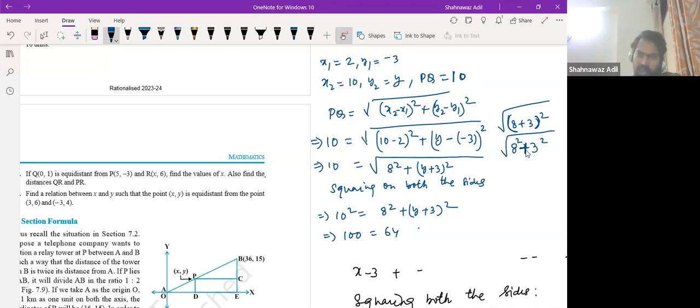You cannot cancel the square individually on these two terms. These are two different terms. The square is not on the whole term. If it is on the whole term, then you can cancel it, but this one contains this plus in between, so these are individual squares.